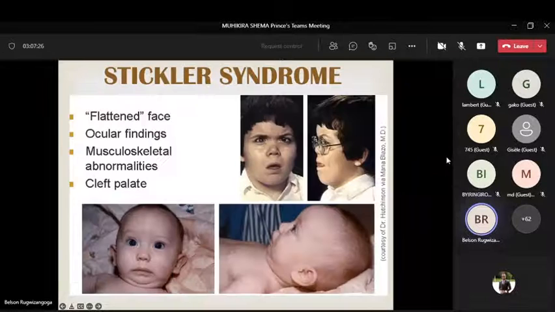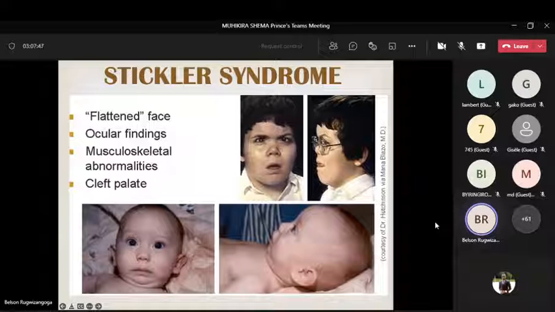Those findings. Ocular finding, it means when you see this child and this old person, all of them seem to be thinking hard, but this is not the case. They are always like that when they are not sleeping. That's why they say this sign is called ocular finding.